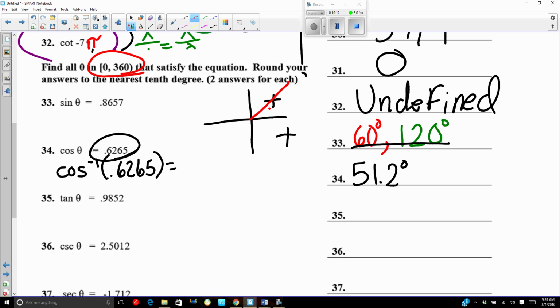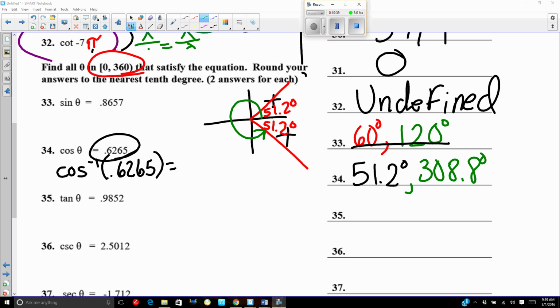So we already found the 51.2 degree angle in this quadrant. Now we need to find it in quadrant number 4. To get that, we're going to do 360 minus 51.2, and that's going to give us our other answer. So 51.2 and 308.8 are both our answers.